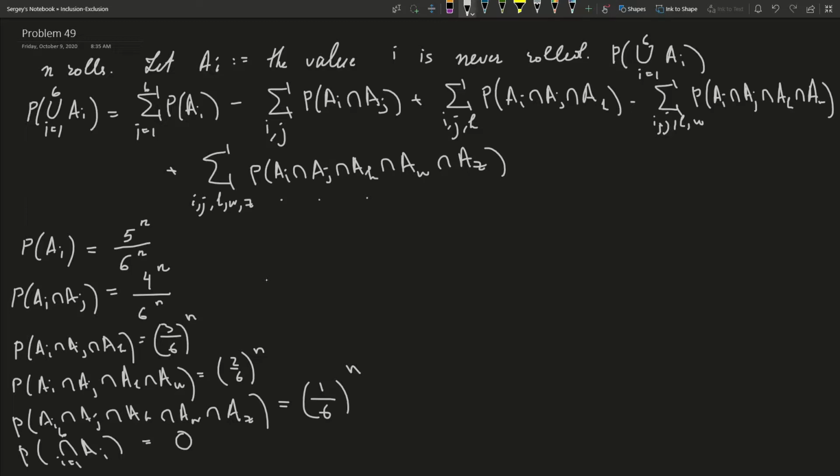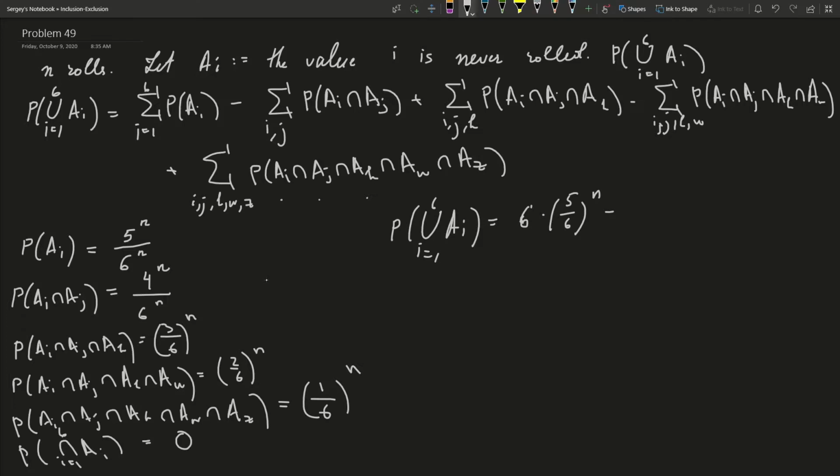Now we can plug these values into our formula, and we get that the probability of the union from 1 to 6 of A_i equals the following. The probability of each individual event A_i is 5 over 6 to the n, and we have 6 of them that we're summing up, so that's 6 times (5 over 6) to the n, minus the probability of a pairwise intersection, which is 4 over 6 to the n.